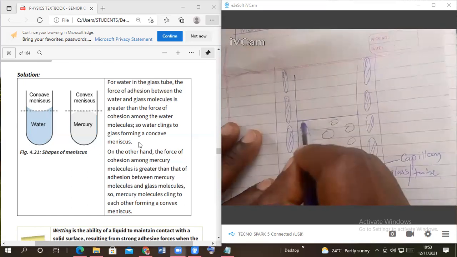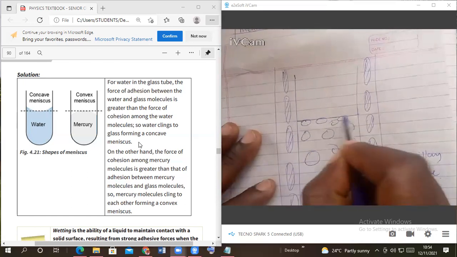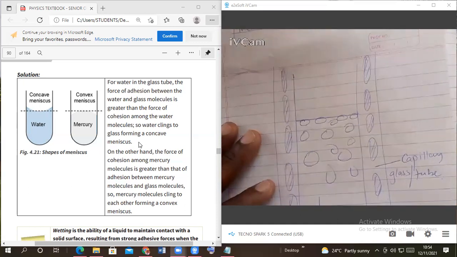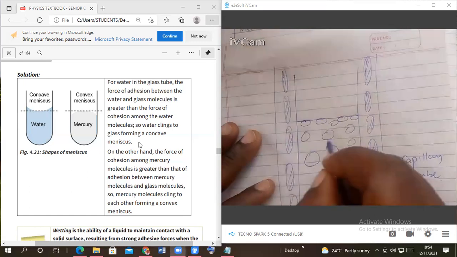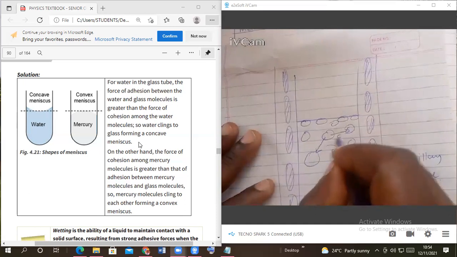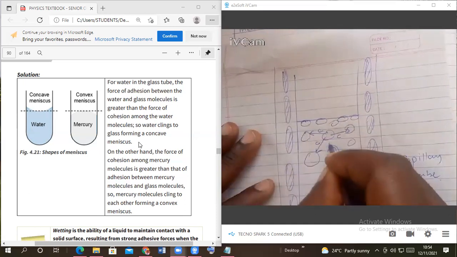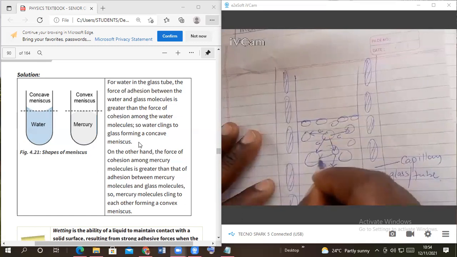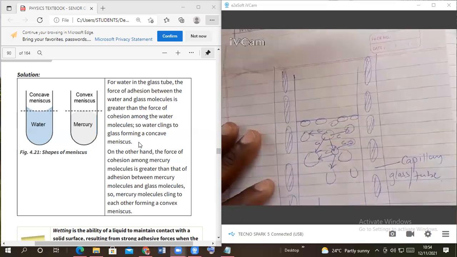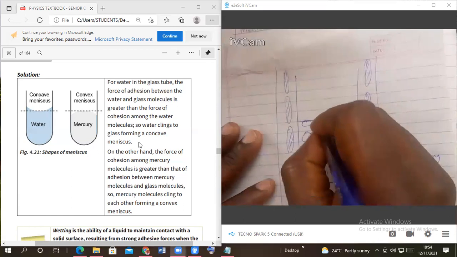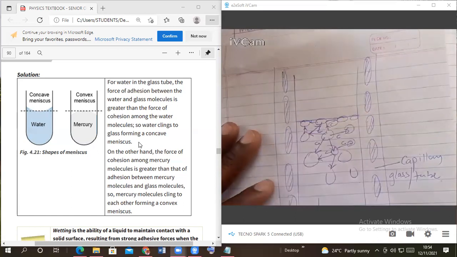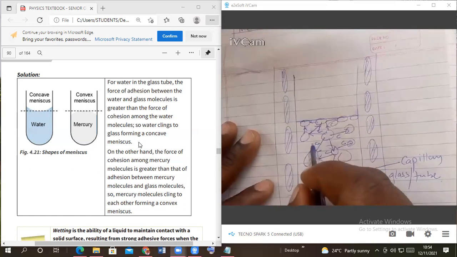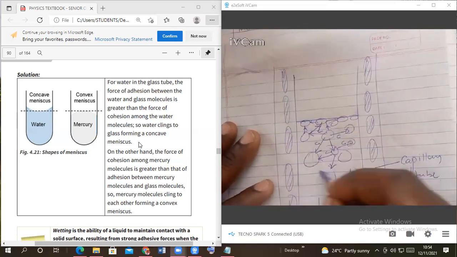Now, if these are the molecules, even somewhere on the surface here like this, the adhesive forces are greater than the cohesion force. So inside here we have cohesion forces. These are cohesion forces in between the molecules of water only. Now the cohesion forces are inside the water molecules.